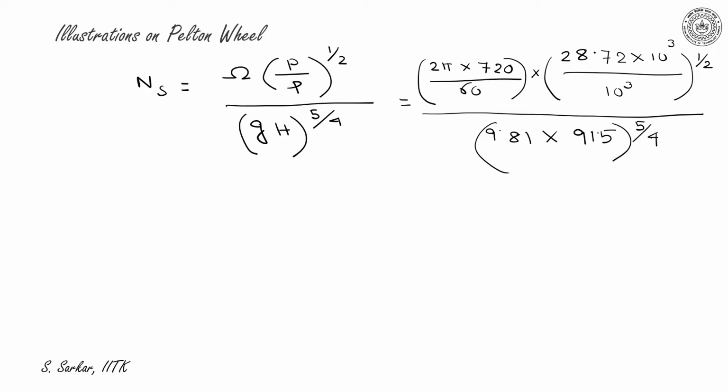Thus, put the value of omega here. Omega can be written as 2 pi N divided by 60. Then power divided by density to the power half, whole divided by gH to the power 5 by 4. If you do all the calculation, you will get the value of Ns as 0.082. It will be in radian.